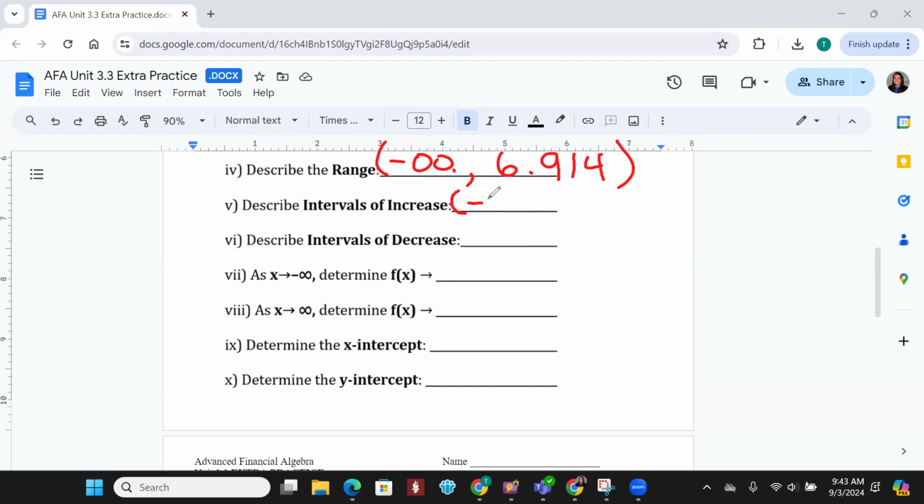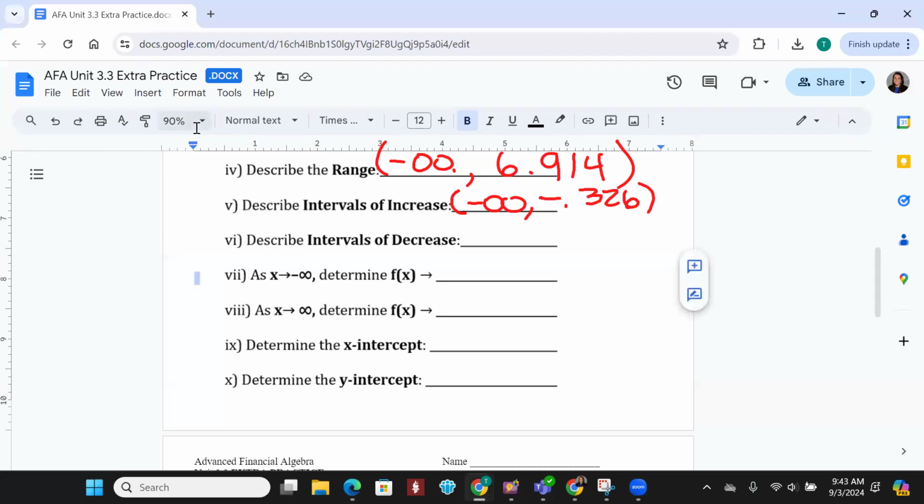Increase is going to be from negative infinity to negative 0.326. But that was like the lowest. It keeps going down for range. You see those two lines and they're going down. So negative infinity, because it's your y values. It keeps going down.